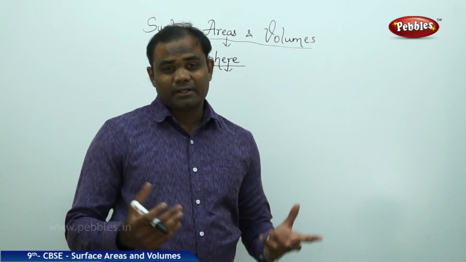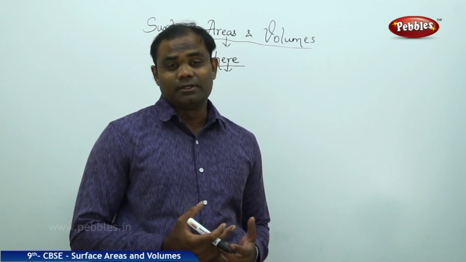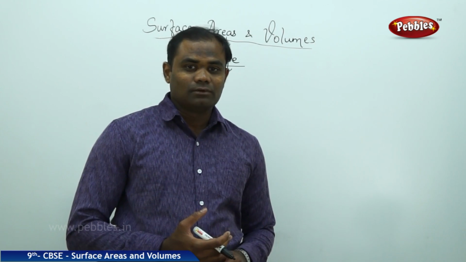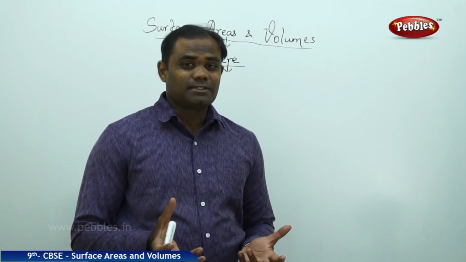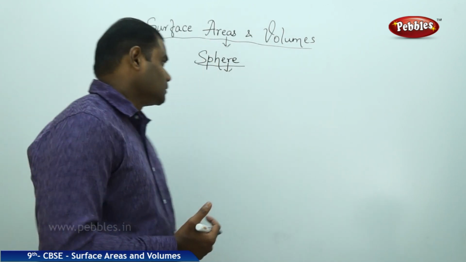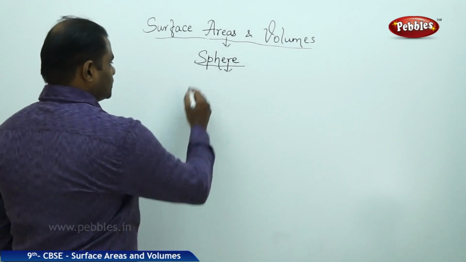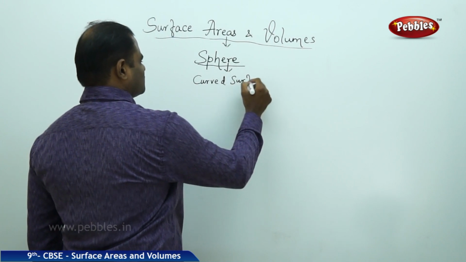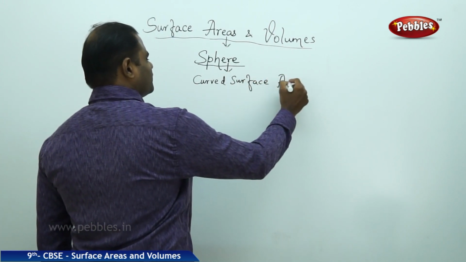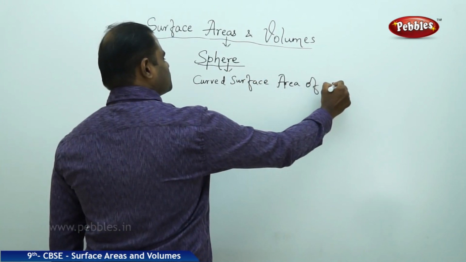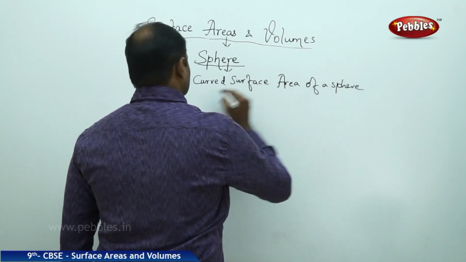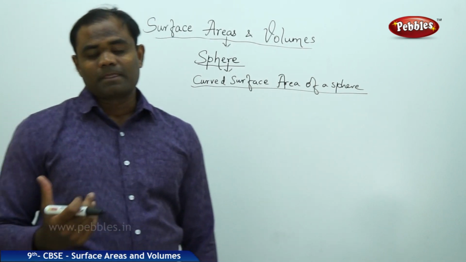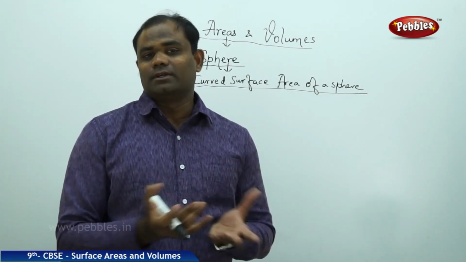Now that we have defined a sphere as a three-dimensional object, let's see what the curved surface area of a sphere could be. This session is about the curved surface area of a sphere, or we can simply call this the surface area of a sphere, because every corner of the sphere is curved.